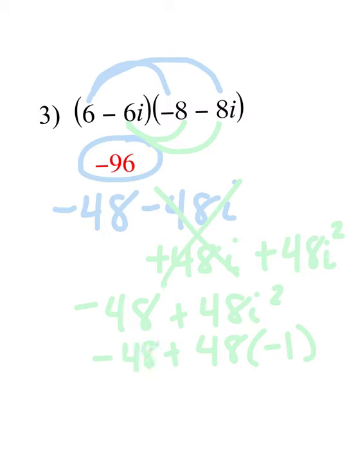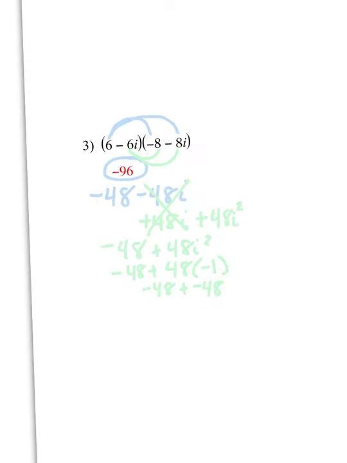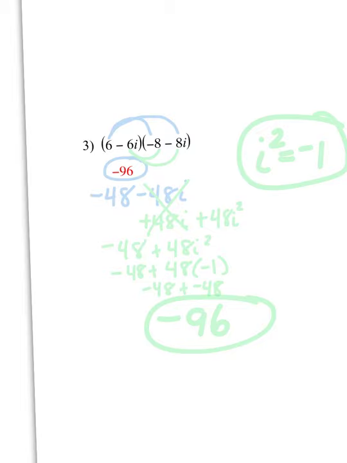And then that means it's negative 48 plus another negative 48. And that is how you get the answer of negative 96. So, key takeaway on this problem is remembering that i squared equals negative 1. Alright, don't forget that. You're going to need that again.